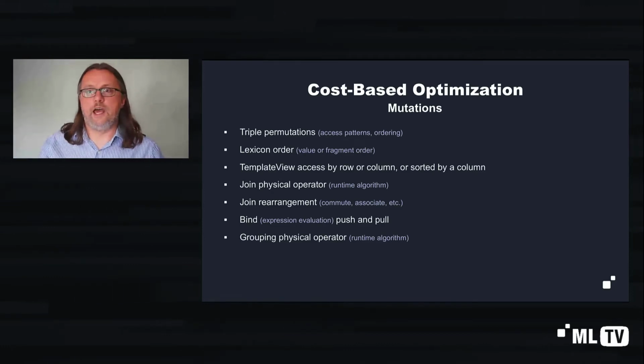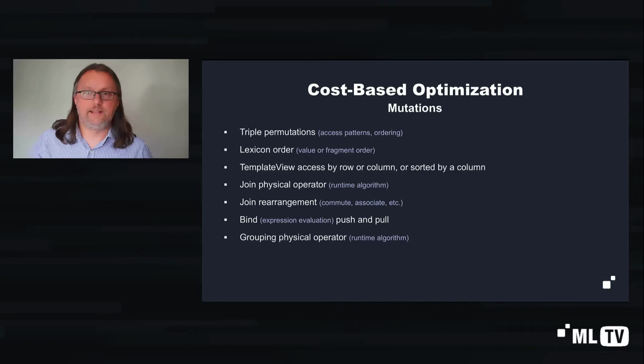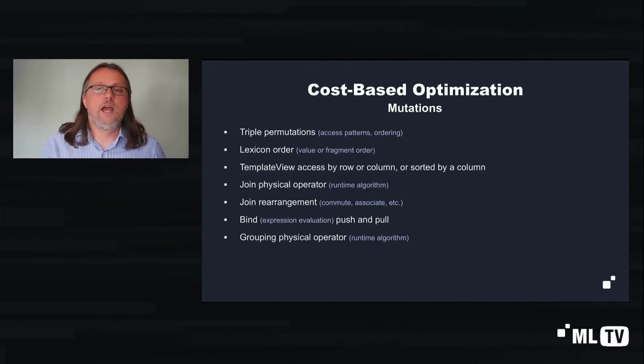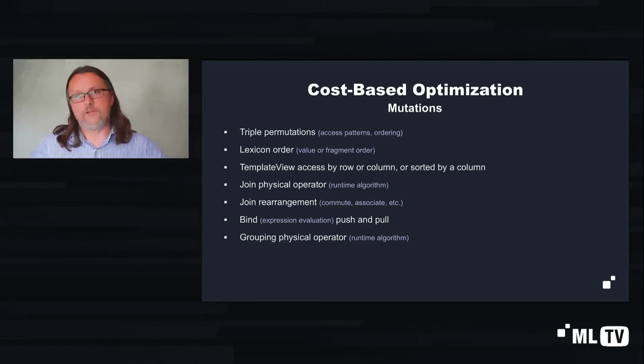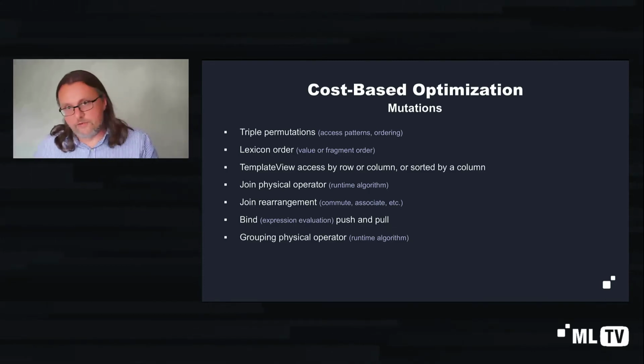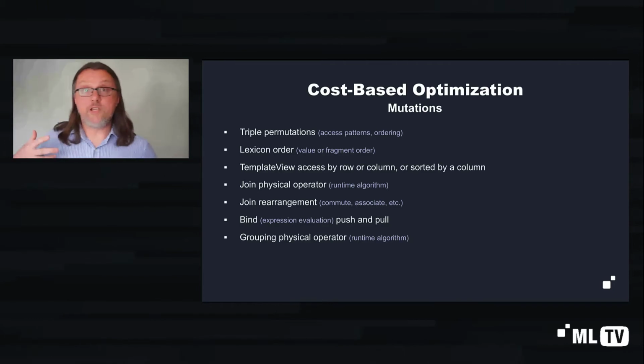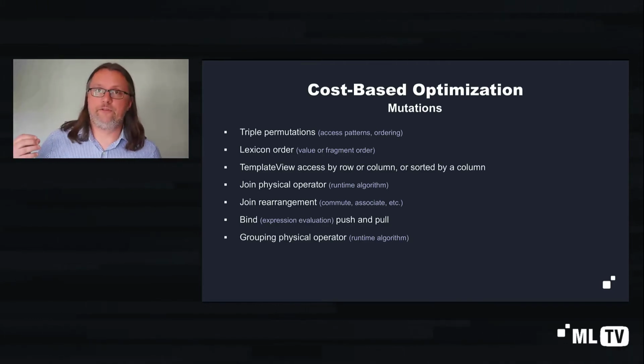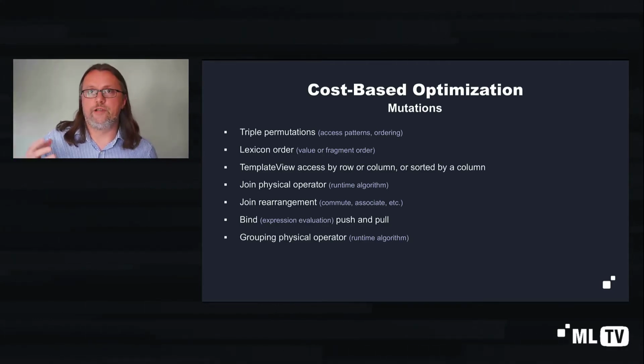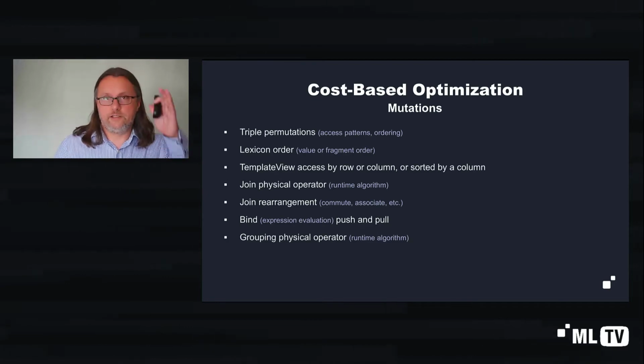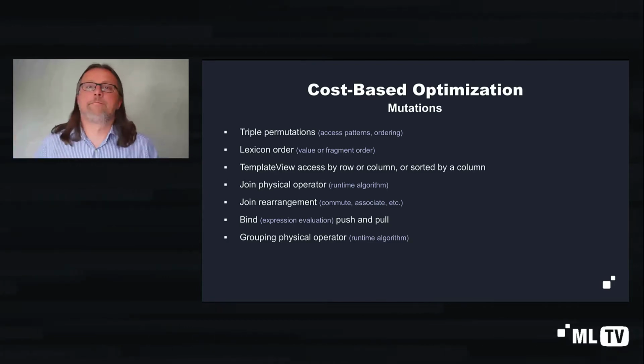Now with template view access, that's the row accessor. When we access that by row or by column, that's a choice as to whether we read all of the values in a row before we read all the values of the next row, or if we're only selecting a very small number of those columns for each row, we might choose to access column by column.